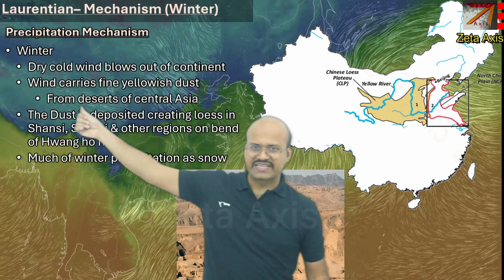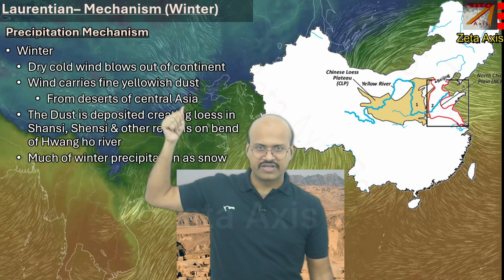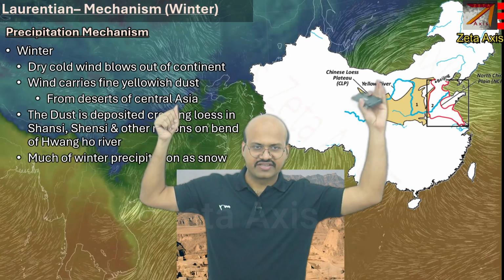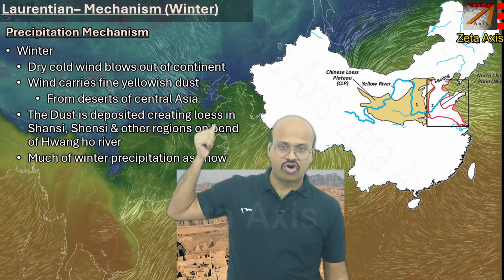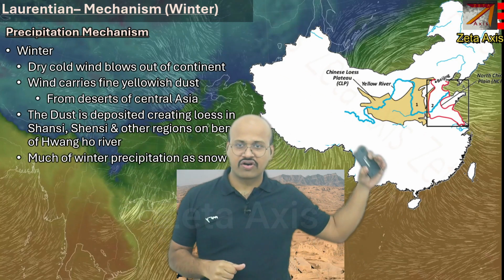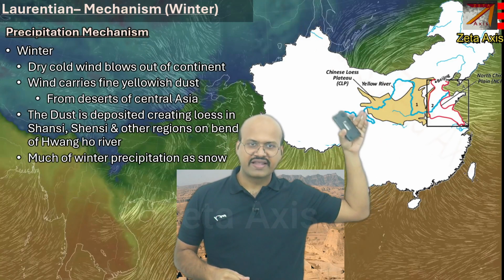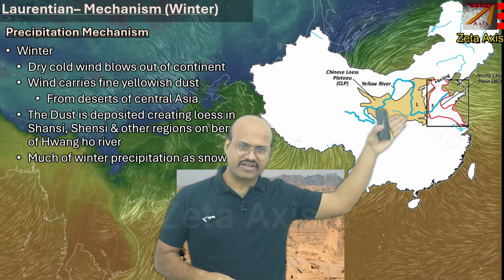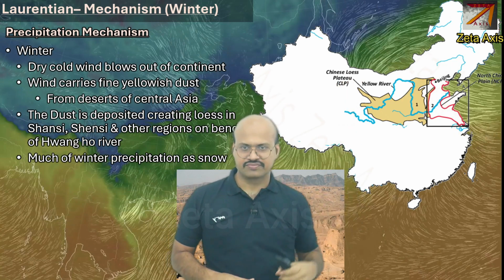So the wind carries fine yellowish dust from deserts of Central Asia, which includes Gobi, Taklamakan, and other deserts. Then the dust is deposited creating the Loess Plateau in Shanxi, Shaanxi and other regions on the bank of the Huanghe River. So this blue color indicates the Huanghe River and the deposition of the sand particles over here creates this CLP, Chinese Loess Plateau.